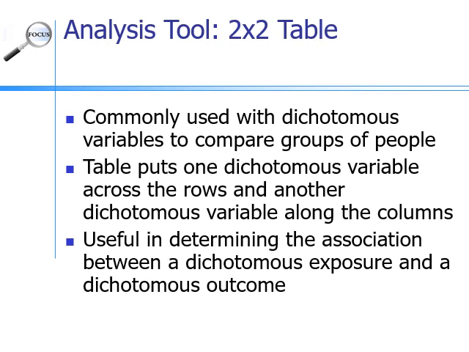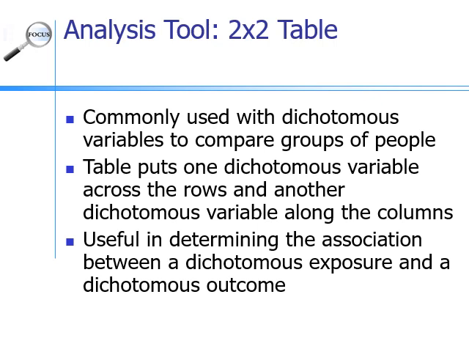So this is maybe the best time to discuss our 2 by 2 table, our favorite analysis table. You should be familiar with the 2 by 2 table, and these are commonly used with dichotomous variables to compare groups of people. The table has one dichotomous variable along the rows and another dichotomous variable along the columns.